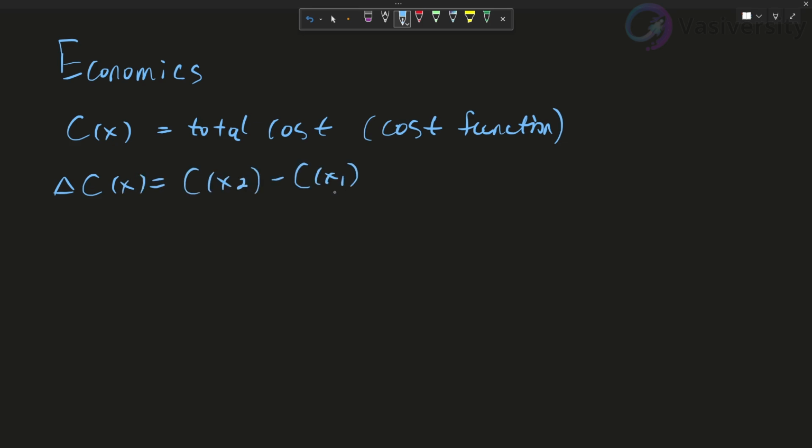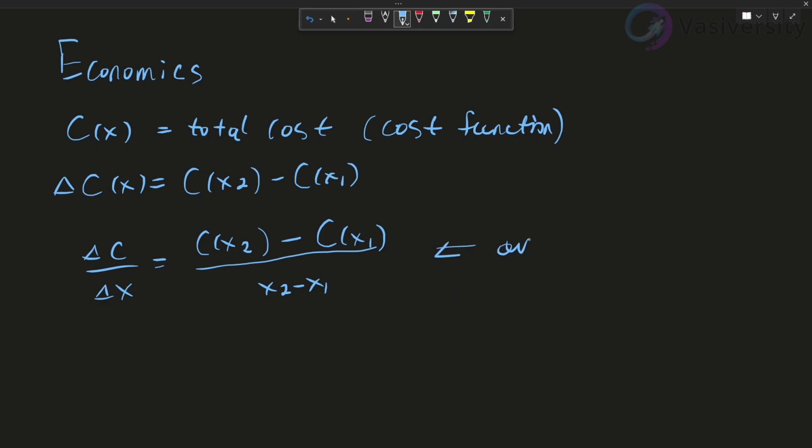So again, we can find the rate of change, which is delta c over delta x, which will be equal to c of x2 minus c of x1 over x2 minus x1. Okay, and that would be the average rate.